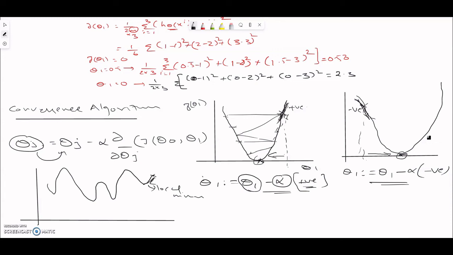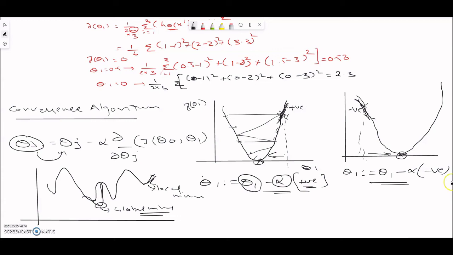But this is the global minimum because it is lower, the very minimum. So this is called the global minimum. To reach this value, the convergence theorem helps with respect to the cost function. So this is about convergence.